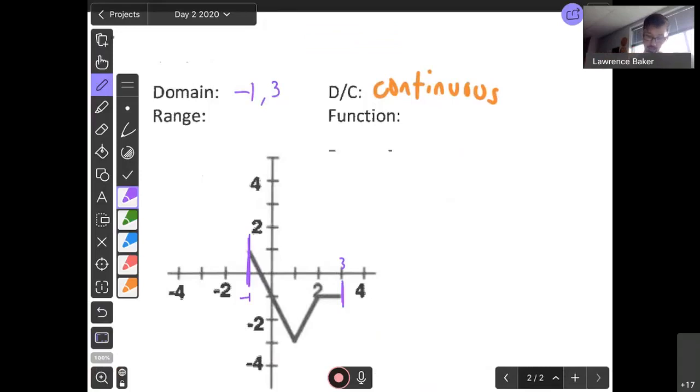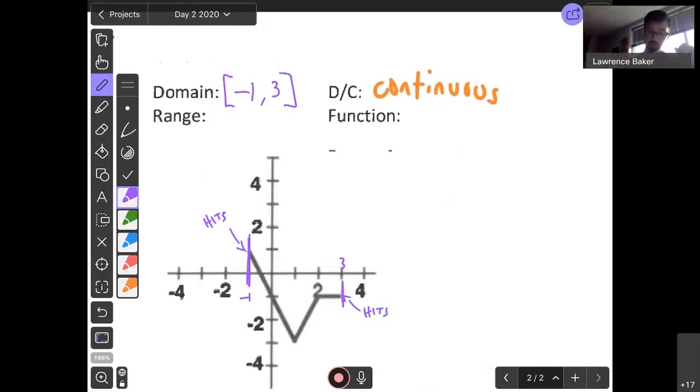And because, as far as we can tell, it's hitting -1, and it's also hitting 3. It's not telling us otherwise, so we just have to assume that it is. We put a bracket on those numbers. Those brackets mean it hits -1 and then goes all the way up to 3 and hits 3 and stops. It doesn't go just short of it. So that's what the brackets tell us.